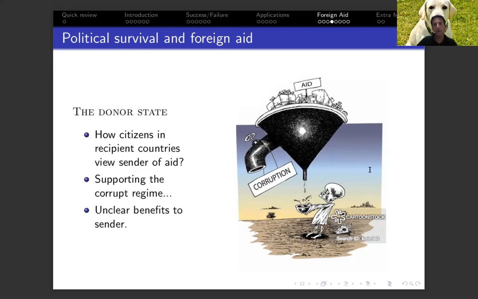In addition, we can also think about what the benefits are from providing aid. So if we are here in the United States, and we want to provide aid to some country in Africa, why do we do that? What are the benefits that we get out of it? It is not clear whether the change in policy matters. My example from earlier was that Rwanda would change its policy, and in exchange, the United States provides its foreign aid.